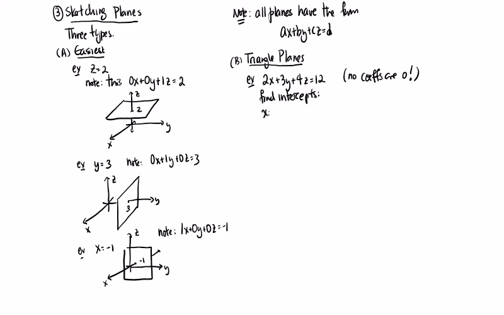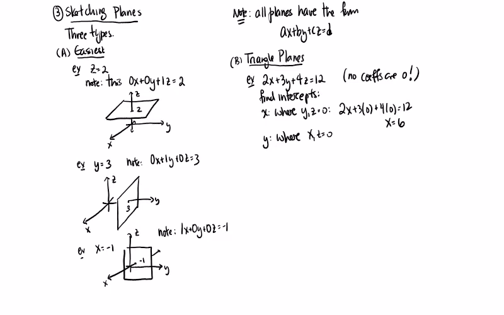So the x-intercept is where it's on the x-axis, it's where y and z equal 0. So that's 2x plus 3 times 0 plus 4 times 0 equals 12. So that's x equals 6. The y-intercept is where x and z are 0. So you don't need to write these down.